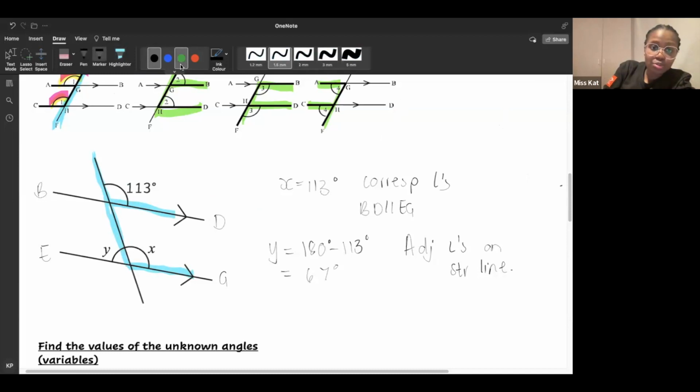Yes. So remember, angles in the corner of the F are equal. So this is in the corner and so is X. Now do you see why they're equal? Yes. Then for Y, we used angles on a straight line. Angles on a straight line add up to what? To 180. There we go. So that's what we did for Y. Okay. I must remember my angles. Thank you, ma'am. You're welcome, Fatima.